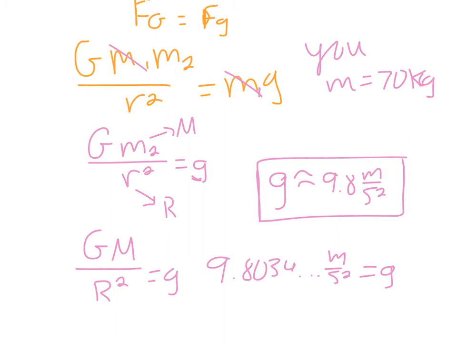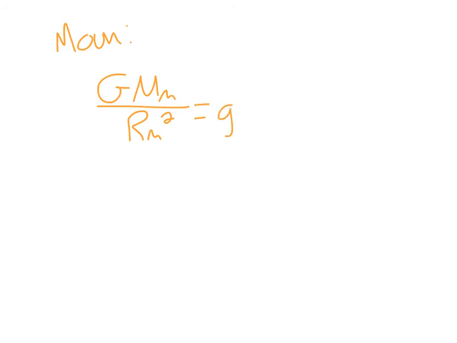Let's figure out what g is on the moon. G times the mass of the moon over the radius of the moon, so I'll just put a little m, squared, will give me the gravitational acceleration on the moon.